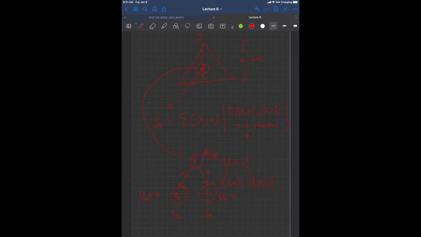So this is U1 cross V, and we know that U0 and U1 form a partition of U. So what is S pi 0? S pi 0 is just S pi intersection U0, and S pi 1 is just S pi intersection U1.